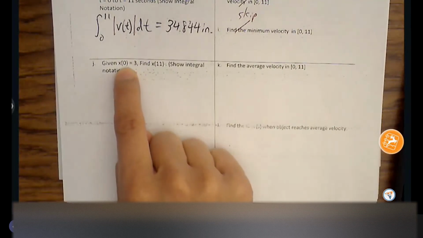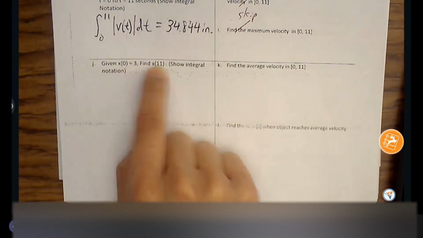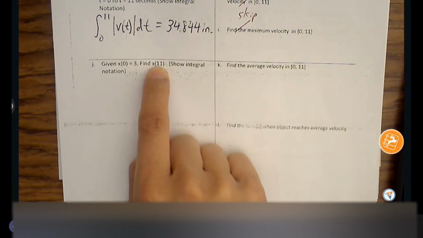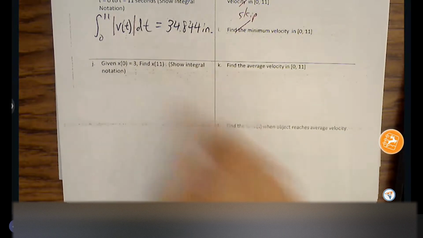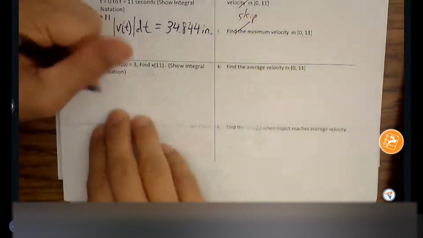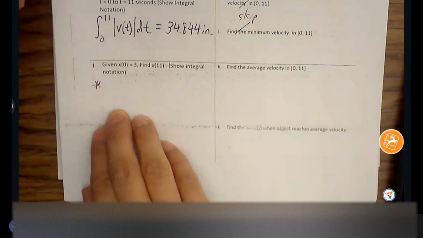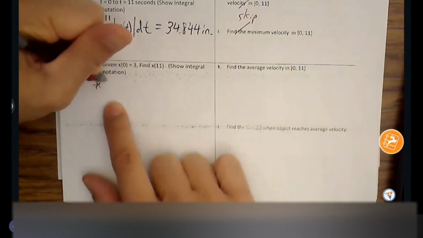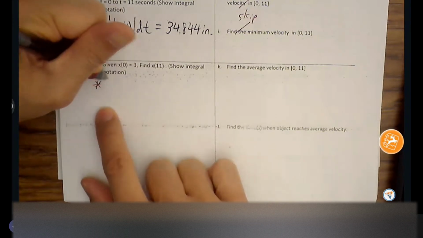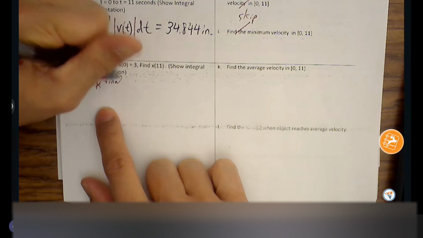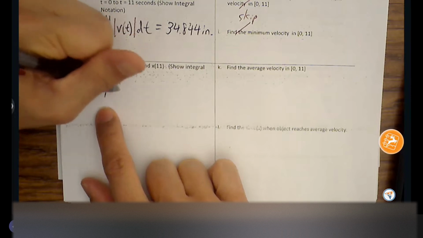Given initial position equals 3, find the final position at x equals 11, x of 11. This uses the final position formula we've been using. It's on your formula sheet, anytime I'm looking for a final position.